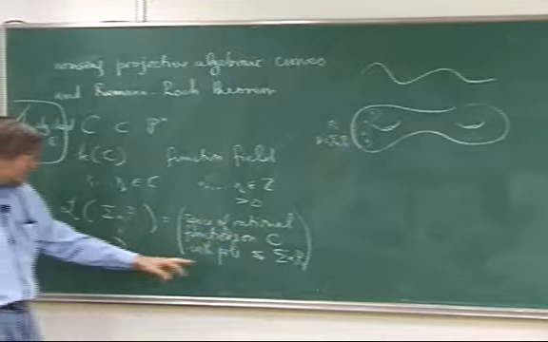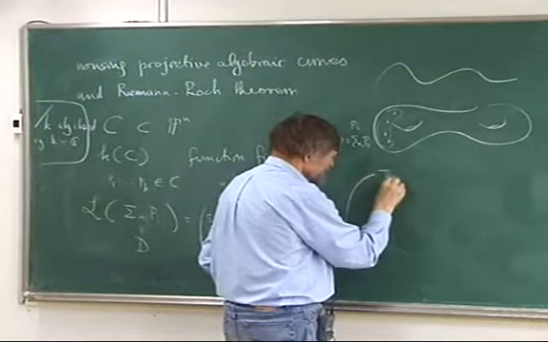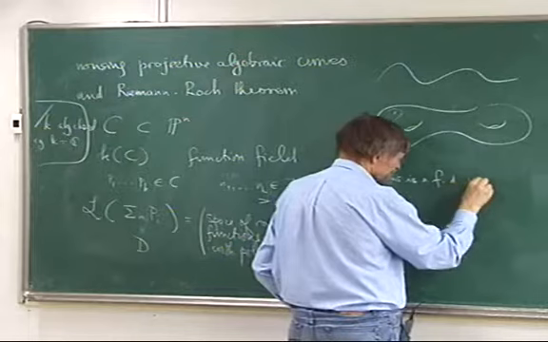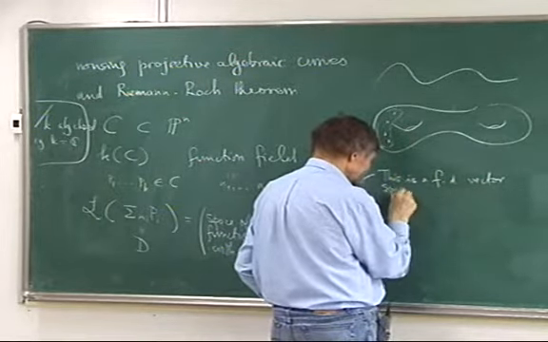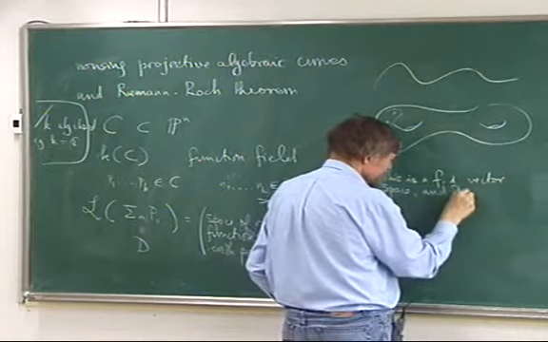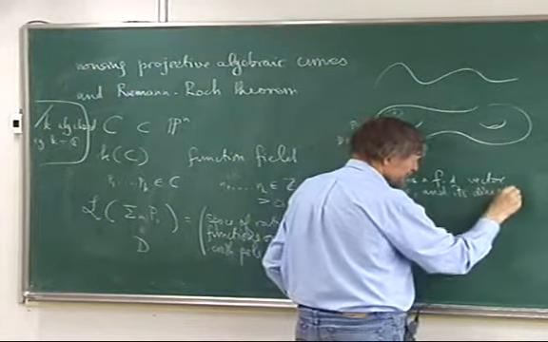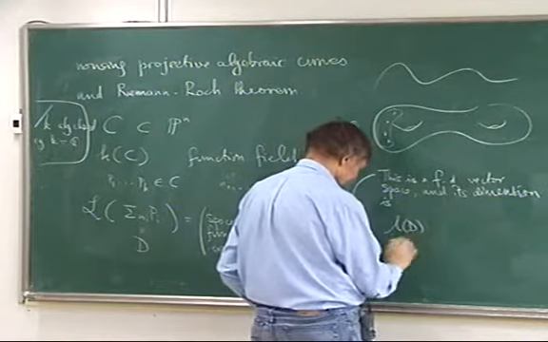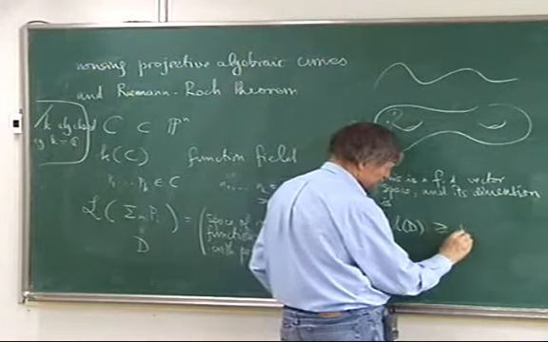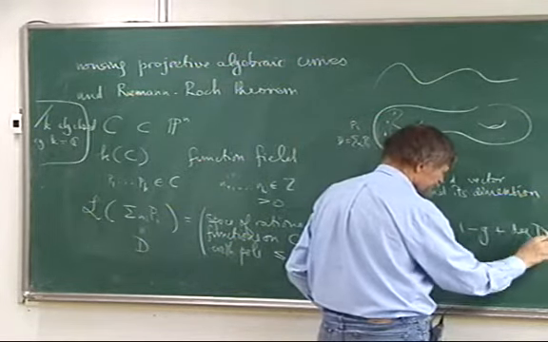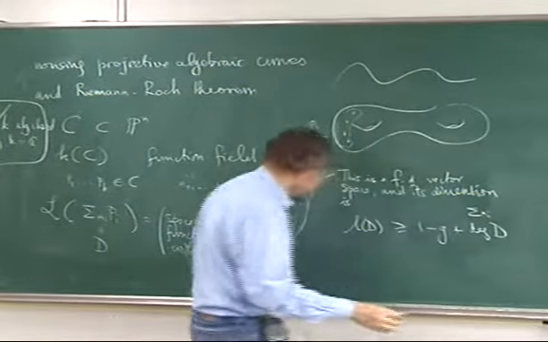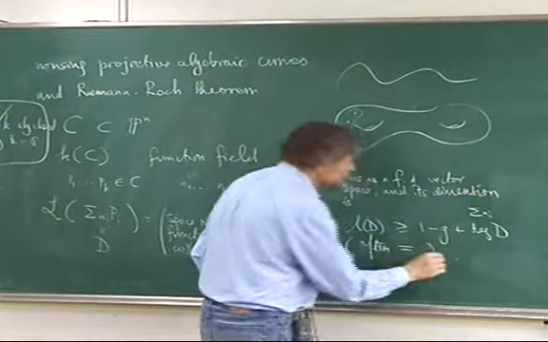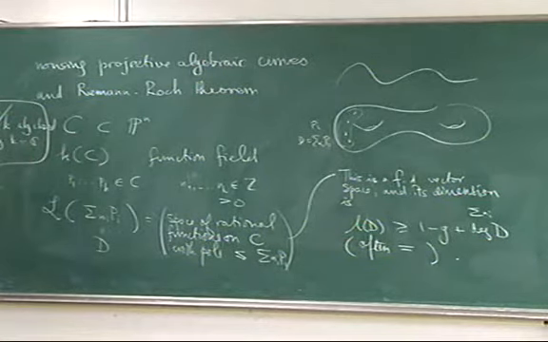And so the theorem is that L of D is a finite dimensional vector space, and its dimension l(D) is greater than or equal to 1 minus g plus the degree of D, which is the sum of the Ni. And often equal.